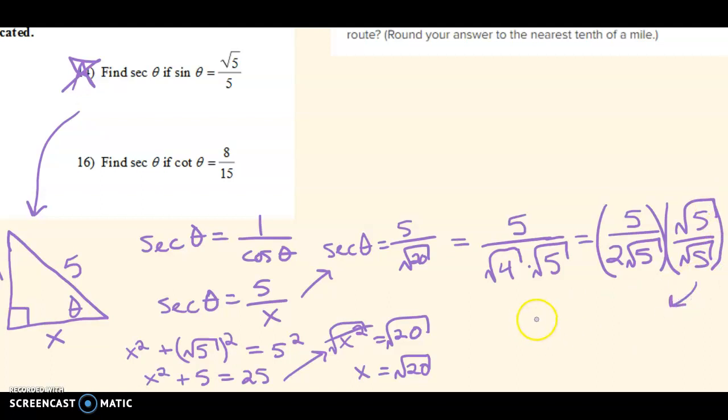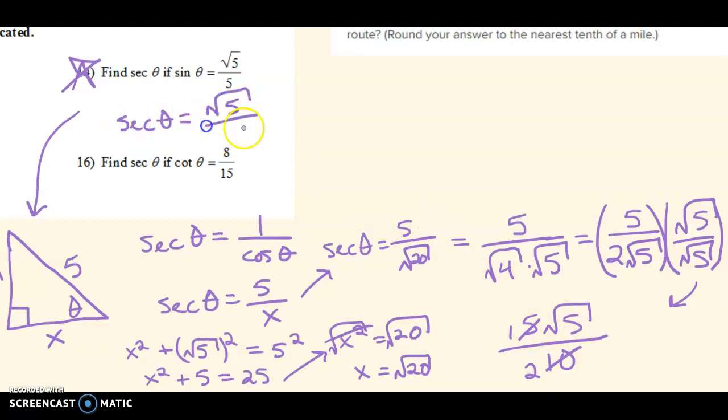We get 5 root 5 over 2 times root 5, which is 5. 2 times 5 is 10. Excuse me, 5/10 reduces to 1/2. And there you have it. Secant of theta is equal to root 5 over 2.